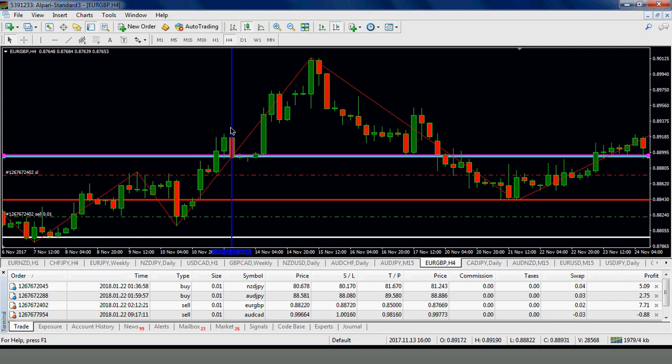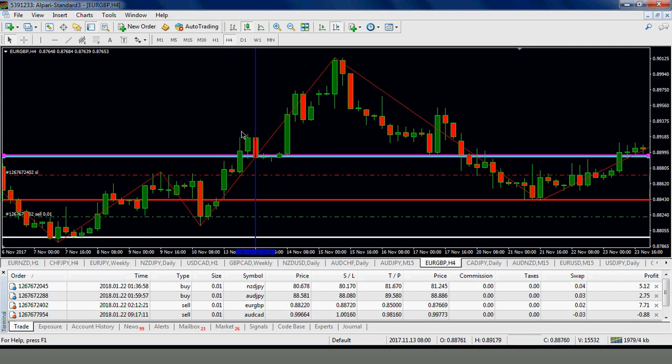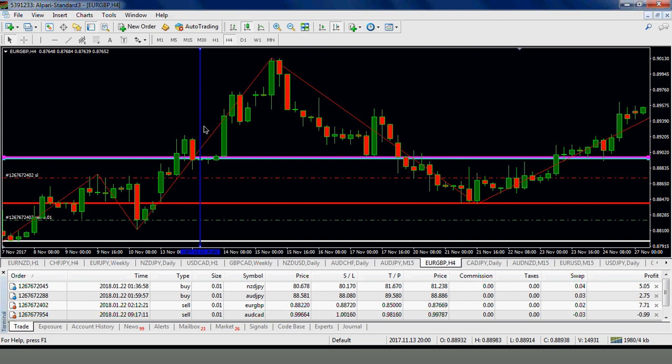Zigzag line was hanging on this candlestick. Before it moved to this point, it was hanging on this candlestick. So if we're online, we would have taken this trade. So let's do our calculation and see.